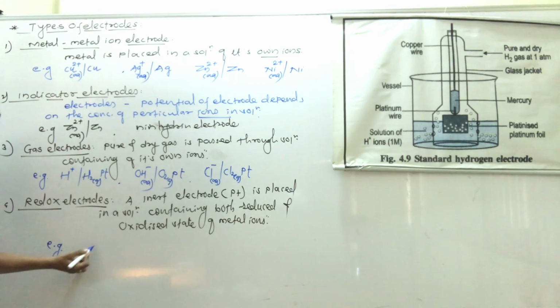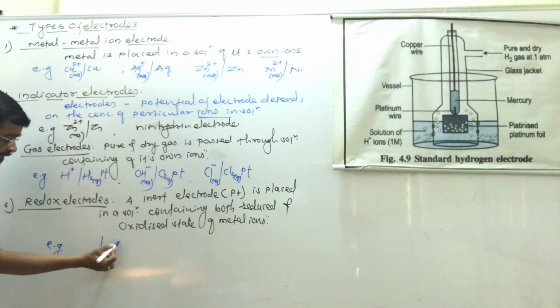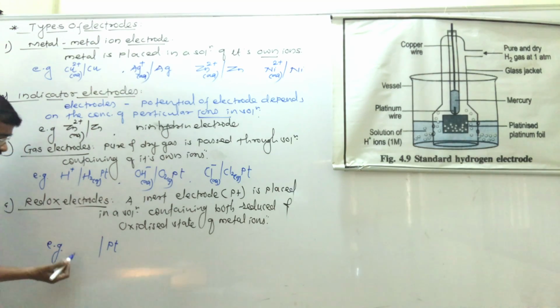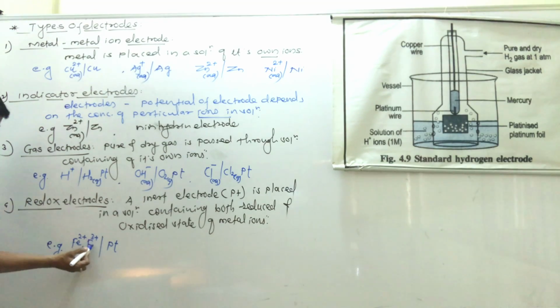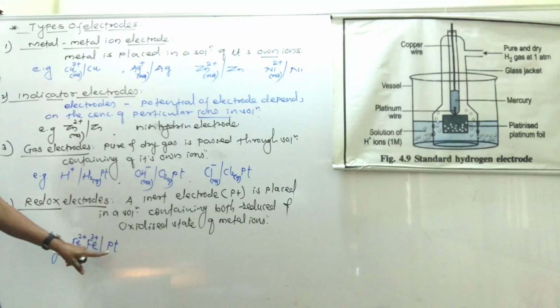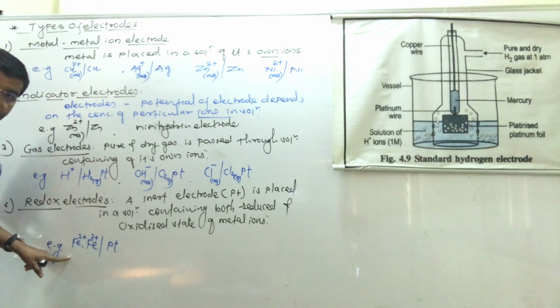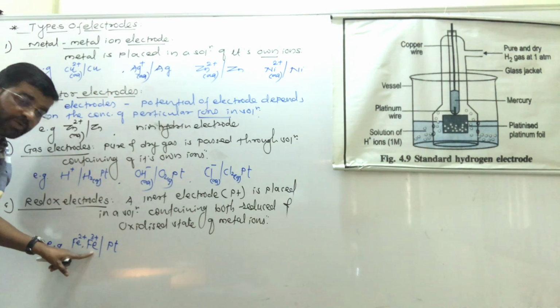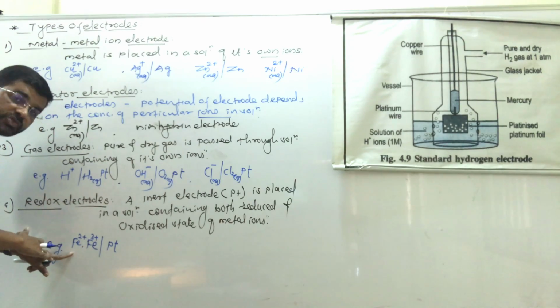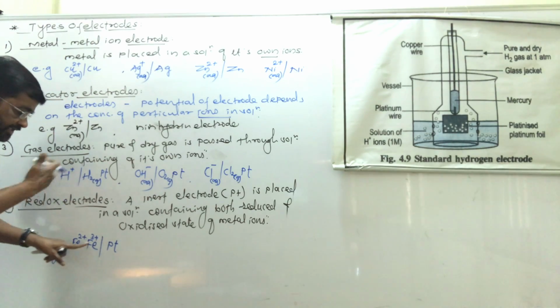Here, platinum is placed in a solution containing Fe2+ ions and Fe3+ ions. Fe3+ reduces to Fe2+ and Fe2+ oxidizes to Fe3+.